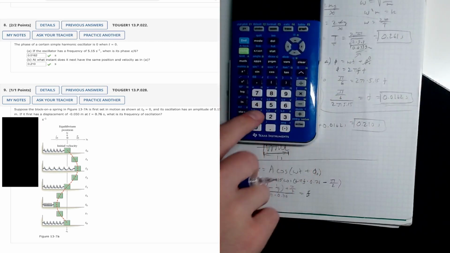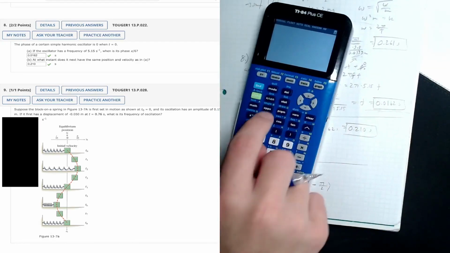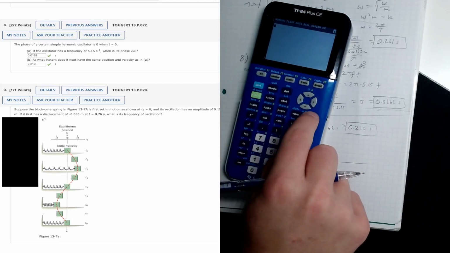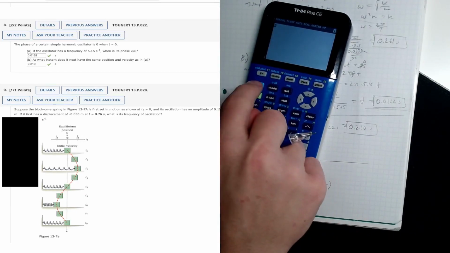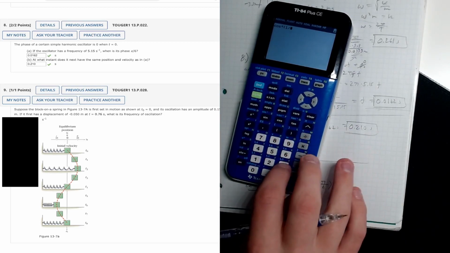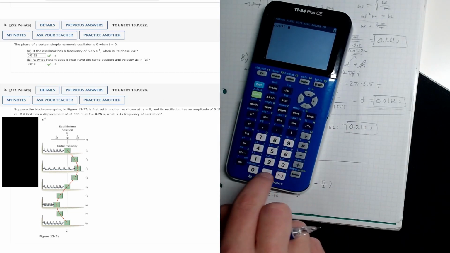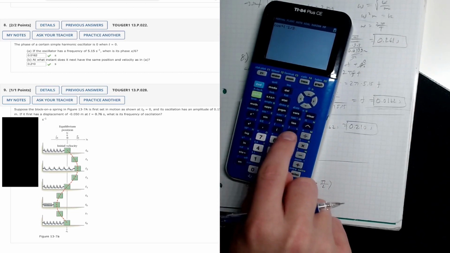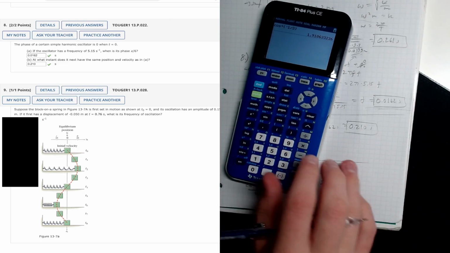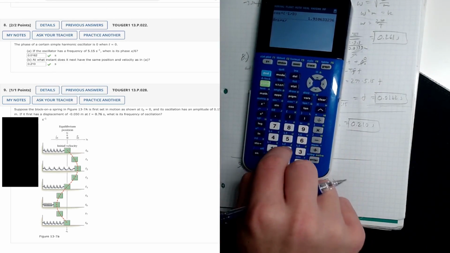So to do that, we just do calculator, arc cosine. Actually, make sure we're in radian mode. So arc cosine of negative 1 divided by 3, plus pi over 2.